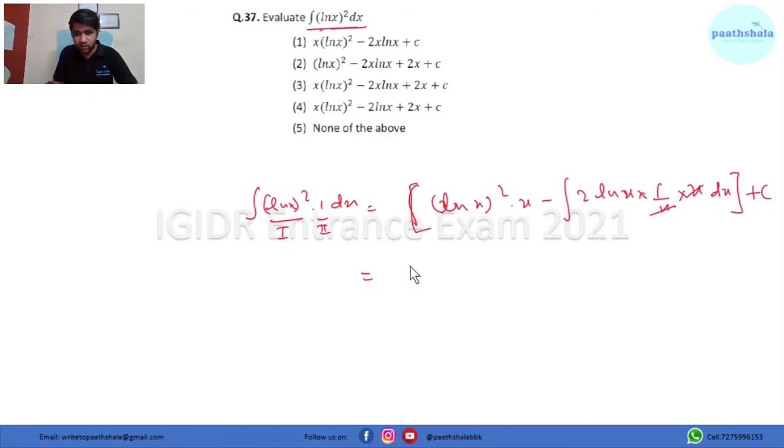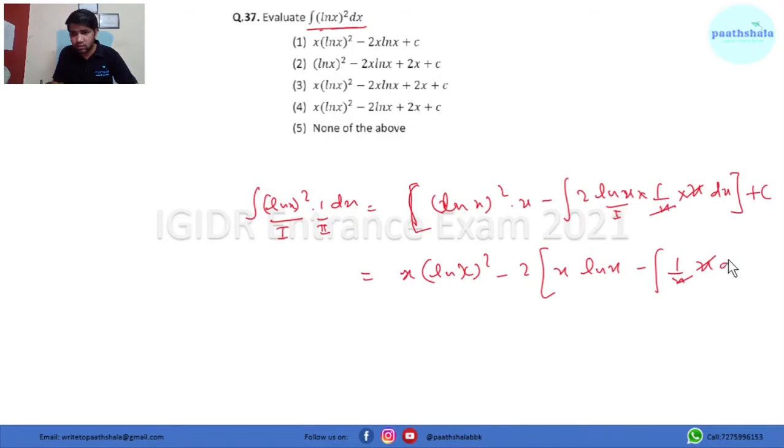Now solve it further. So this is x ln x whole square minus 2 outside the integral. We can further solve it by taking ln x as first function and 1 as second function. So this will be x into ln x, minus integral differentiation of ln x is 1 upon x, and integration of 1 is x.